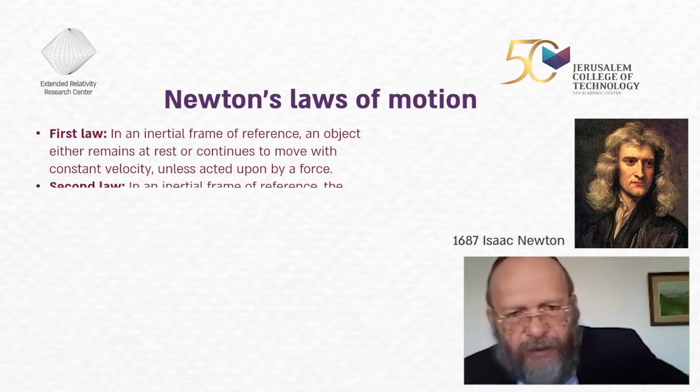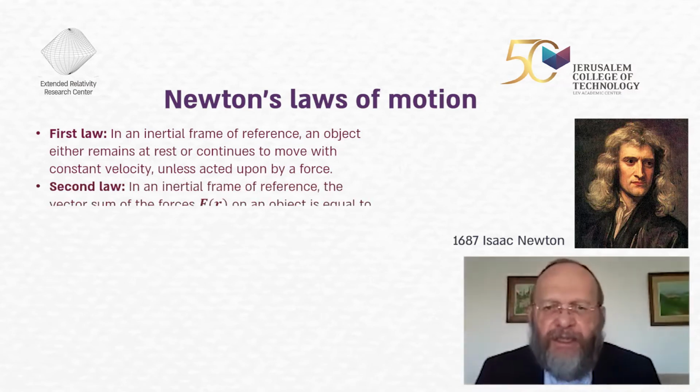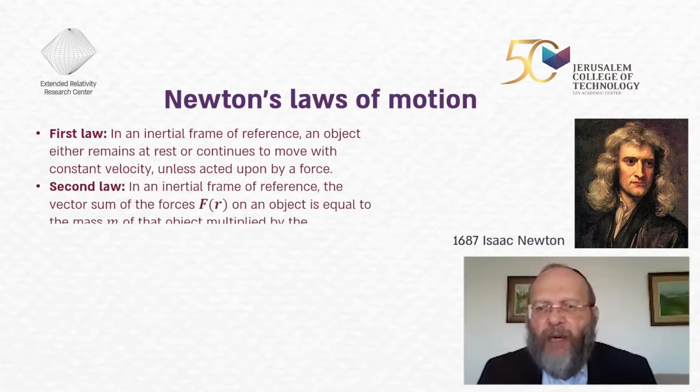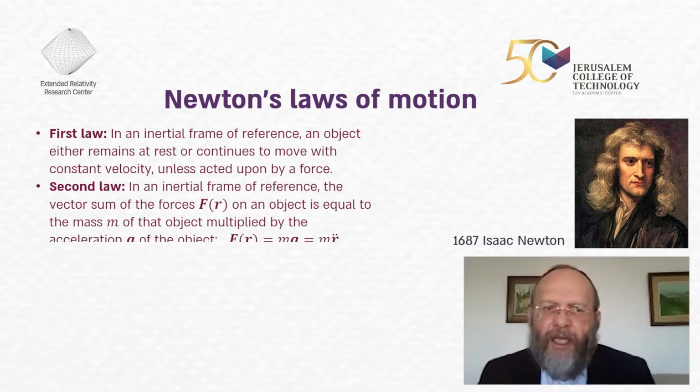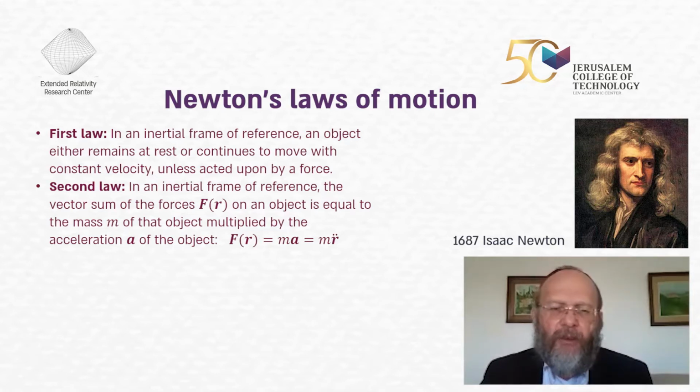Second law: in an inertial frame of reference, the vector sum of the forces on an object, in classical mechanics, what is causing the acceleration, is equal to the mass of the object multiplied by the acceleration a of the object. That is the main equation that we will use today, and all its consequences we try to understand.